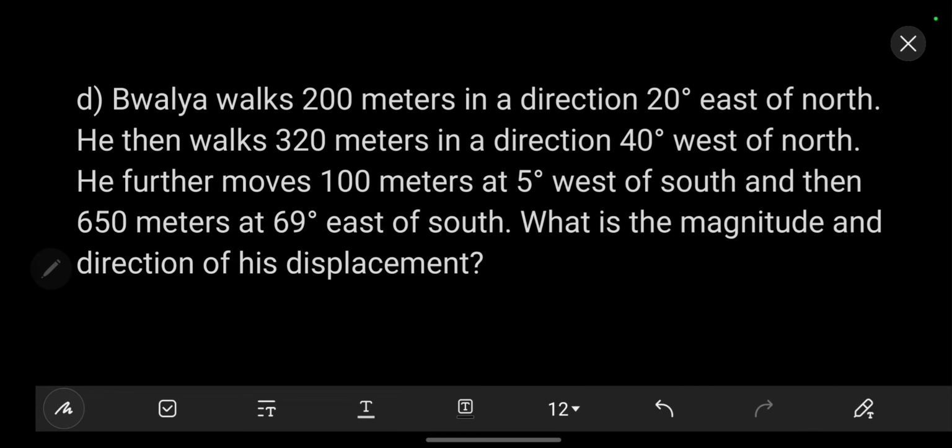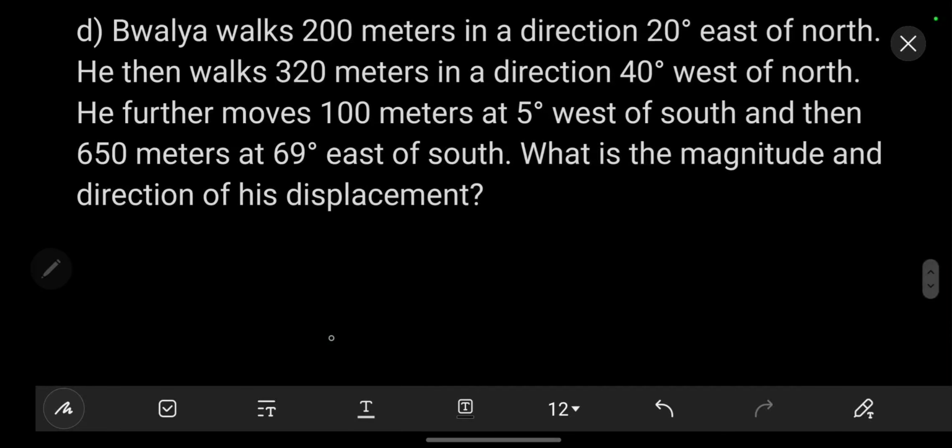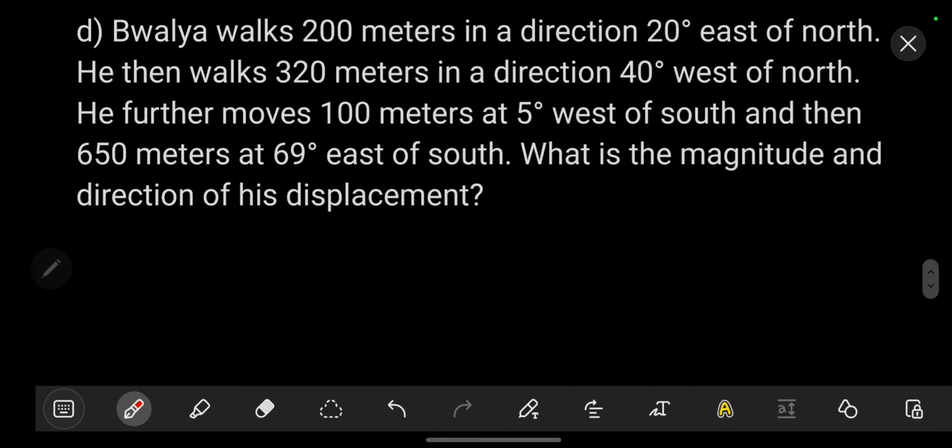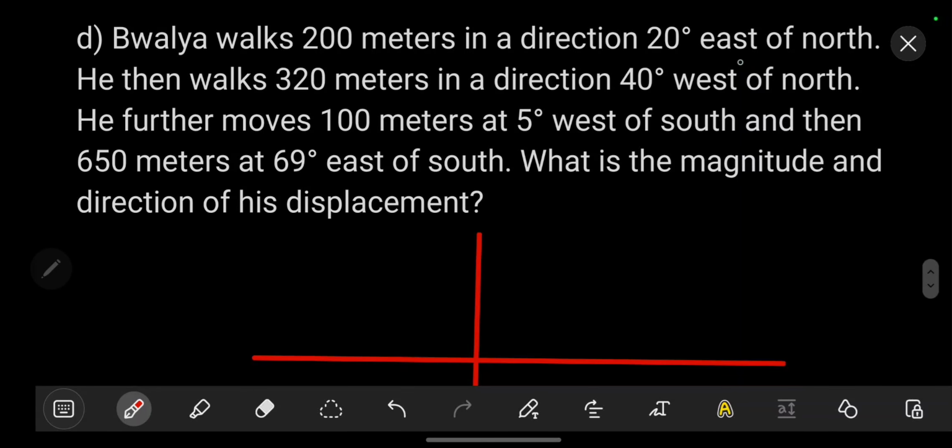What is the magnitude and the direction of the displacement? First things first, let's draw our x-y plane. Our 20 degrees east of north means we know our north is here, our east is here. We are going to be going in this direction like that.